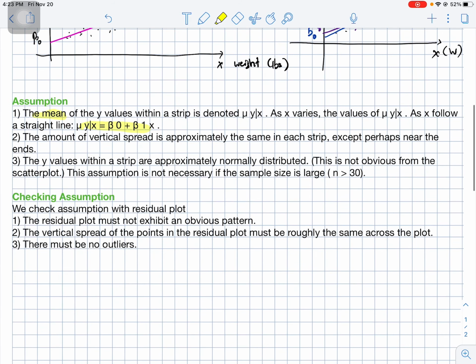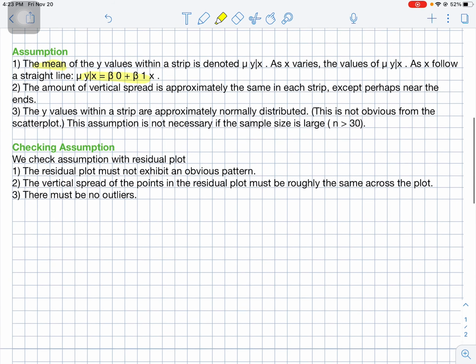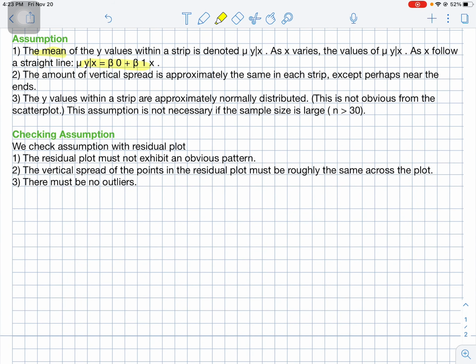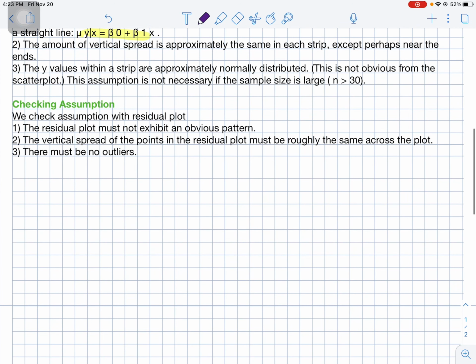In order to check the assumptions, we will check with the residual plot. We will recall how to construct the residual plot in Excel later. Number 1, the residual plot must not exhibit an obvious pattern. What does it mean by an obvious pattern?